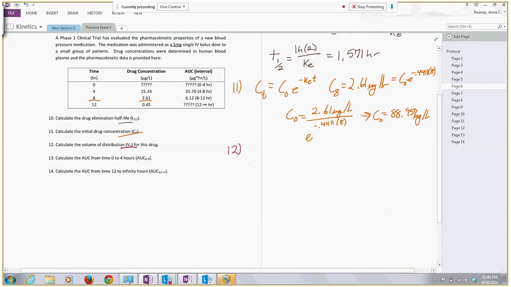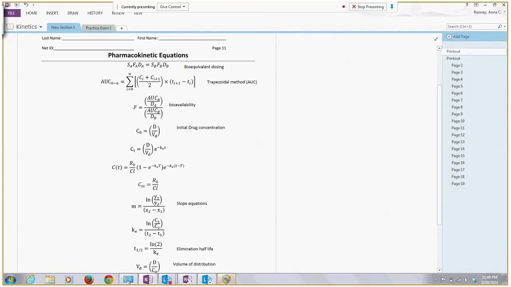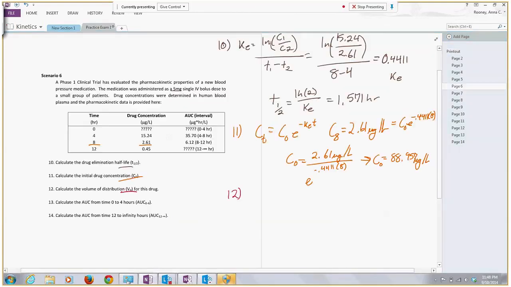Alright, calculate the volume of distribution for this drug. We're going to use this equation, initial drug concentration, but we're going to use it to find VD. So concentration 0 equals drug over volume of distribution.